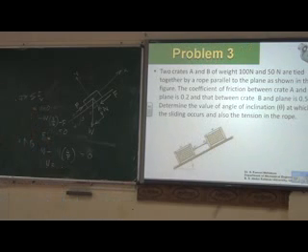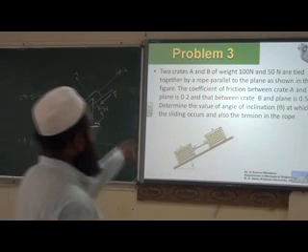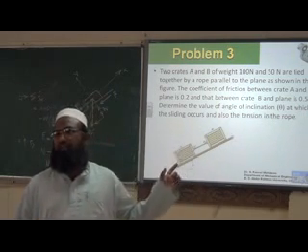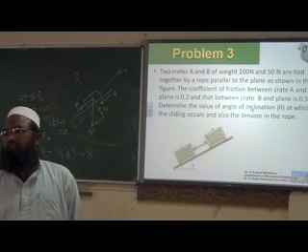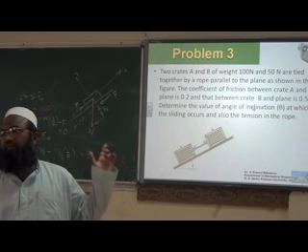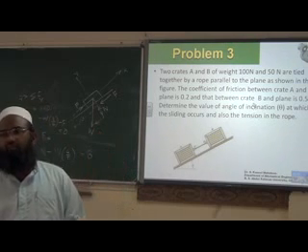Problem. You have two blocks, block A and B, crates A and B, connected by a string. The weight of the crates is given, 150 Newton.